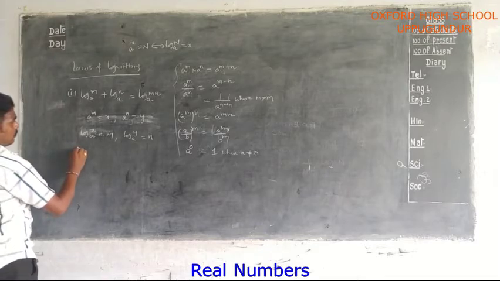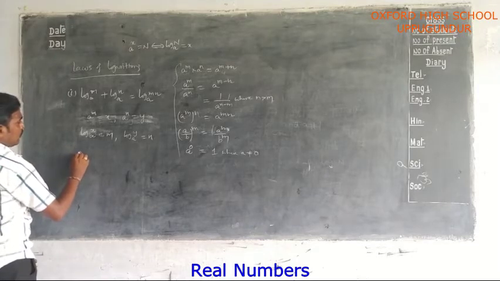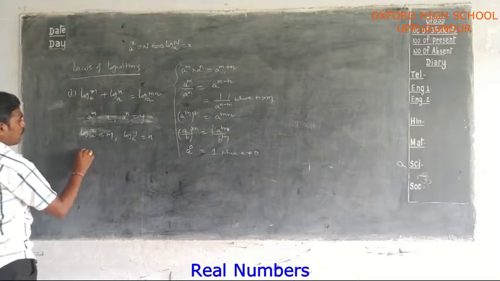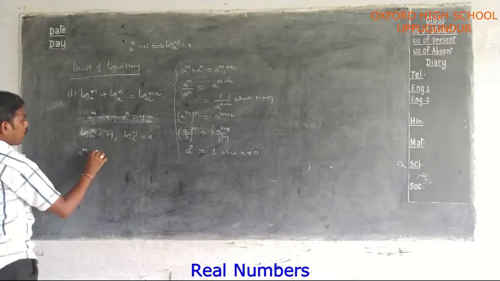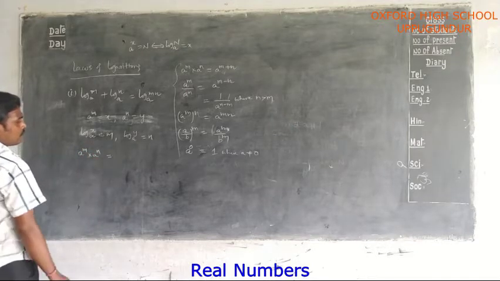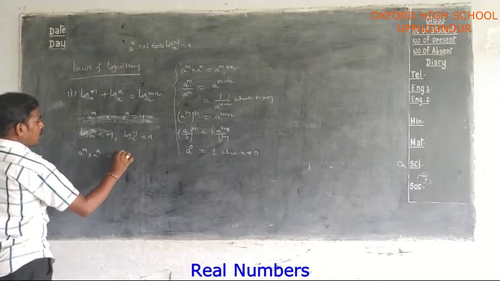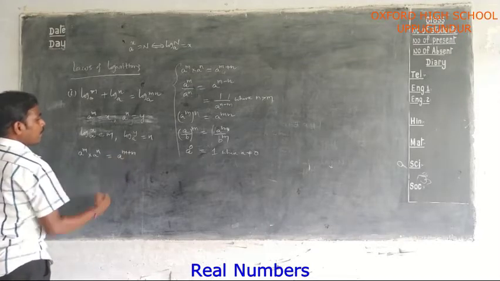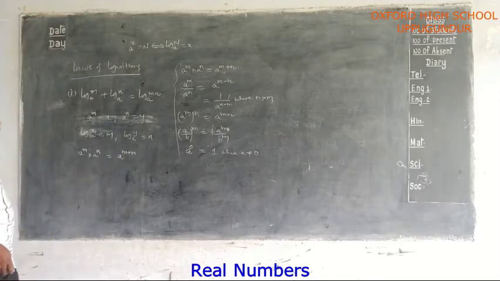Now what is a power m into a power n equal to? a power m plus n. What is a power m here? x.